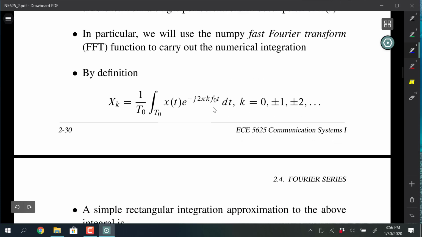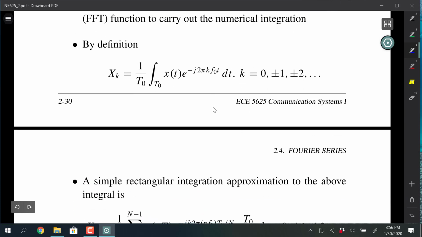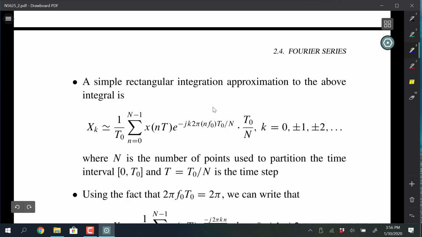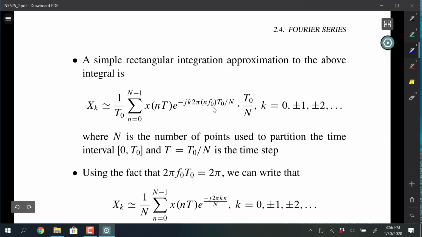Well, if you take the synthesis or analysis equation, which is this right here, for the Fourier coefficients, and then approximate it as a sum of sample values of the waveform, using n sample values, this piece over here in the numerical integral is delta t.